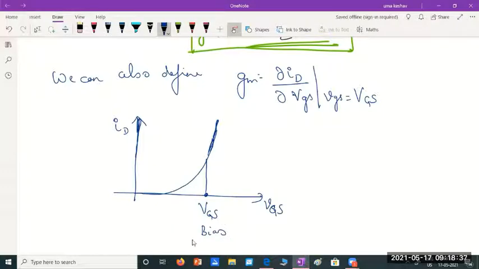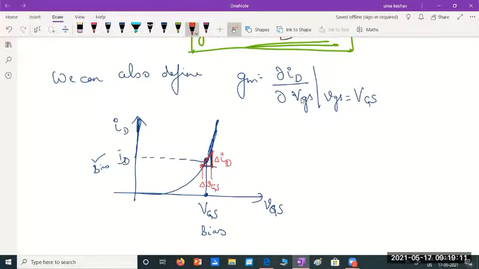By using a proper DC bias circuit, I am going to fix this operating VGS, which will help me fix the operating drain current or the bias drain current. And if I measure the slope, if I take the slope in this region at this point, whatever ratio I get, delta ID to delta VGS.